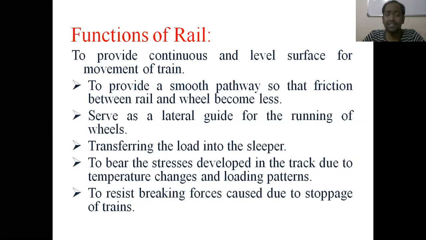The rail serves as a lateral guide for the running of wheels. The rail transfers the load to the sleeper. The rail is used to bear the stresses developed in the track due to temperature changes and loading patterns. And the rails also assist braking forces caused due to stoppage of trains. So these are the various functions and advantages of rails.